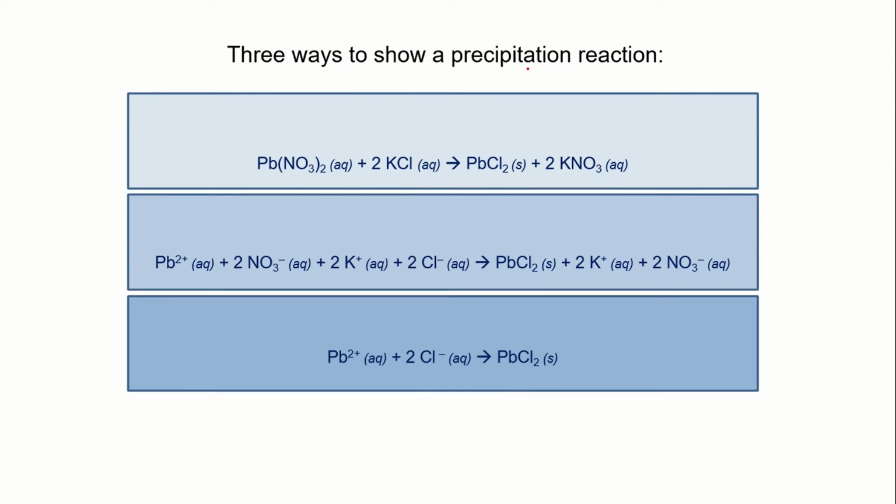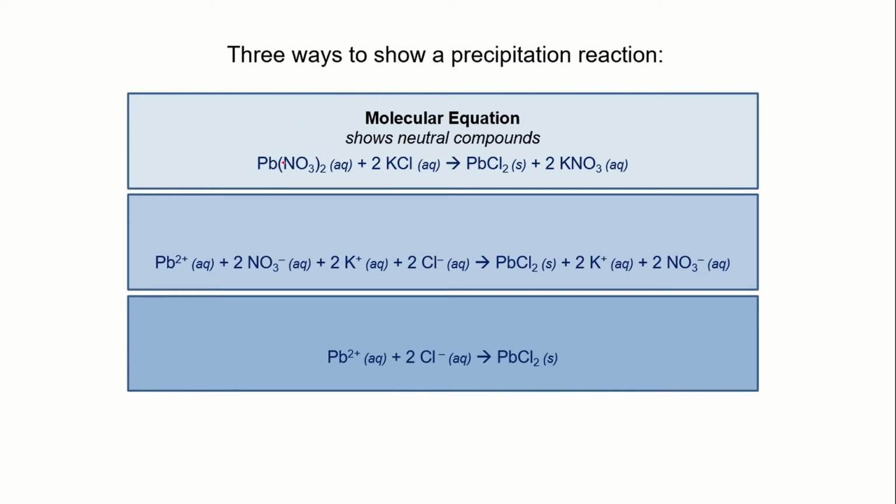Now the precipitation reactions can be shown in three different ways. One way of showing this precipitation reaction is the molecular equation. Why do we call this a molecular equation? Examine this whole equation. Do you see any charges? Do you see any ions? No, you don't see anything.